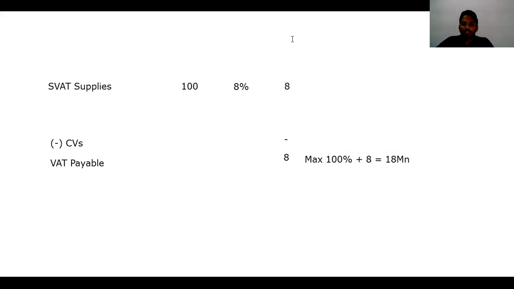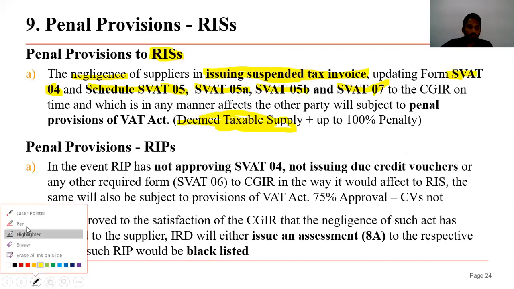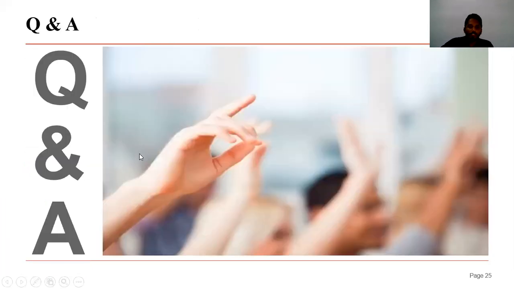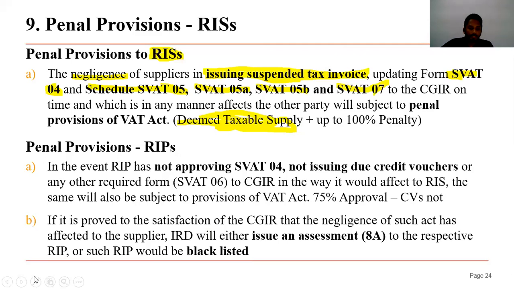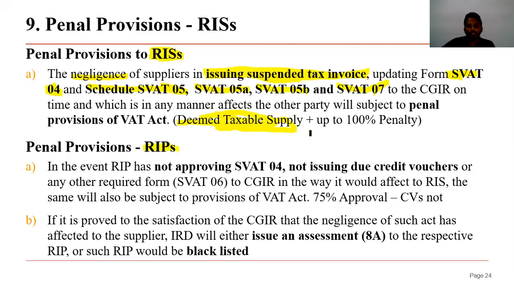The next one is RIP. Sorry. This is the penalty in the case of RIP: not approving the SVAT 4.